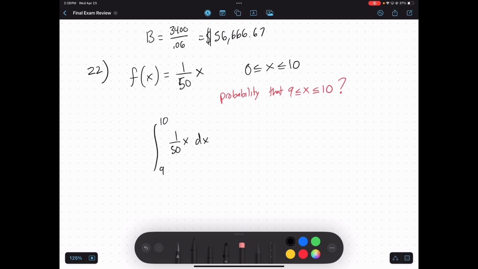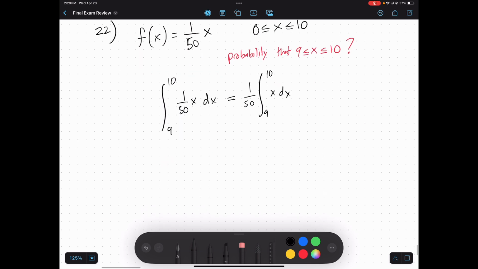But for this one, I'm looking at this specific region from 9 to 10, and I can go ahead and integrate this. So I can pull that 150 out. What's the antiderivative of x? X squared over 2. So I get 1 over 100 x squared, evaluated from 9 to 10, which is, oh nice, 10 squared over 100 is 1, minus 9 squared over 100 is 81 over 100.